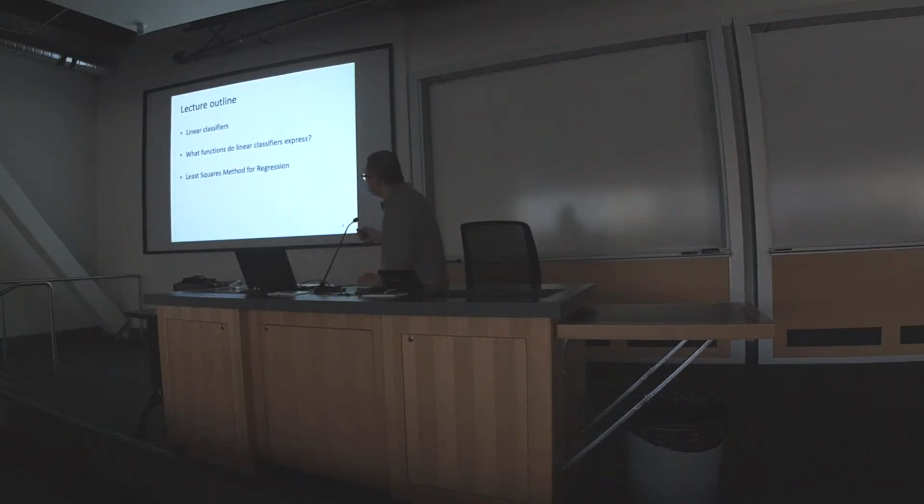Okay? And then we'll start with the linear regression model first. Why? Because this is the easiest one, and I think many of you have taken a statistics class before, so you should be familiar with linear regression.